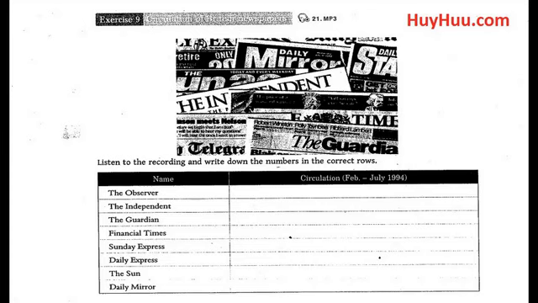The circulation of the Observer from February to July in 1994 was 495,483. The Independent's circulation was 275,447.